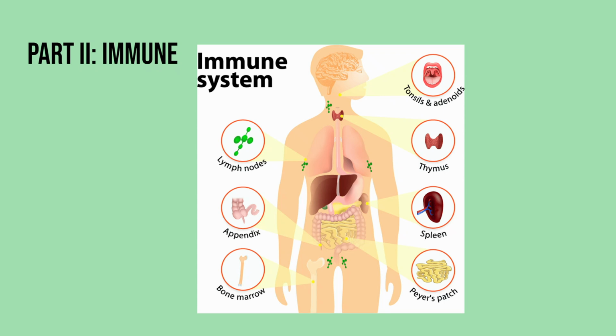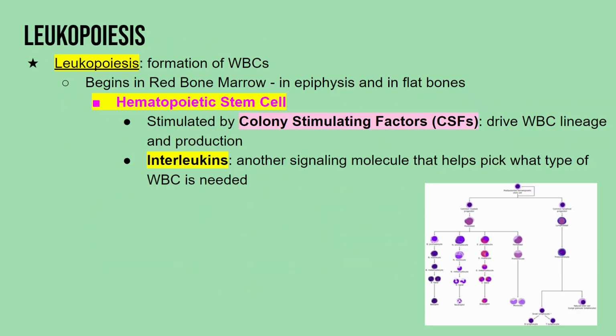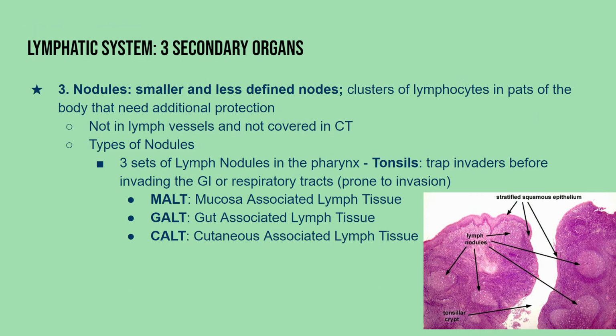For the three, like the MALT, is there a particular order you have to know? No, I don't think so. It's just three sets of lymph nodules.